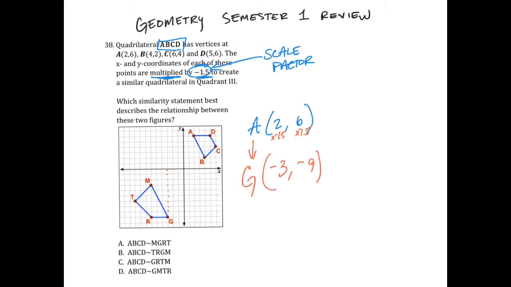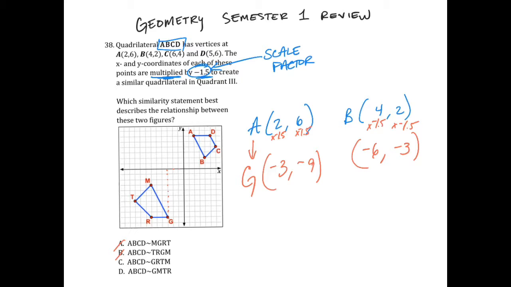All right, so I know it's either going to be C or D. Let's see what B turns into. B has coordinates of 4 comma 2, and we're going to multiply it by that scale factor of negative 1.5. So 4 times negative 1.5 is negative 6, and 2 times negative 1.5 is negative 3.